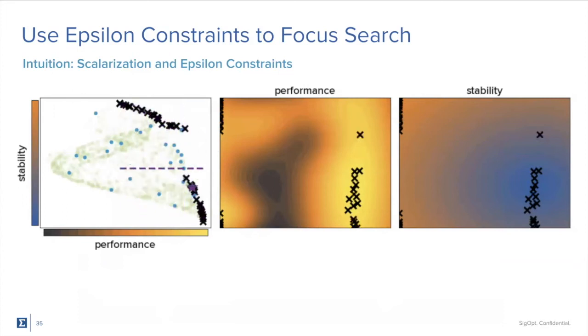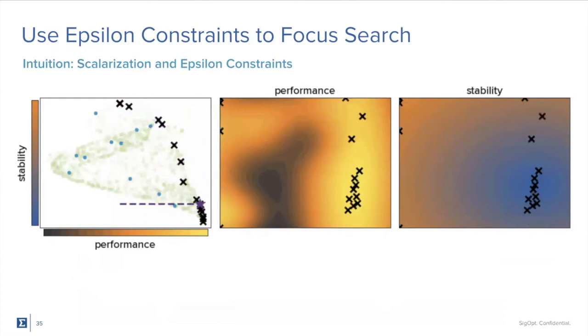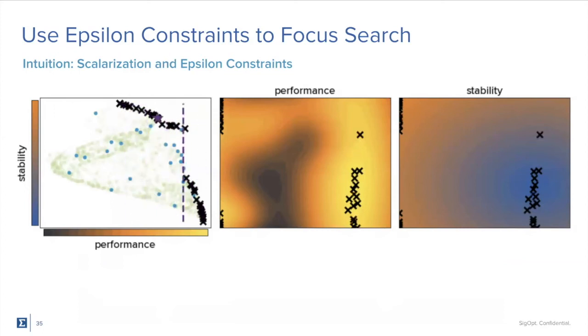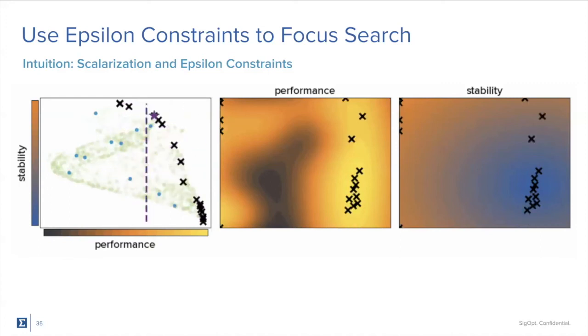Another thing which makes sense to get a bit of intuition on is what's called epsilon constraints. Epsilon constraints is essentially us saying, okay, fix some value on the first of your metrics. Let's say the accuracy. Let's find a place that has an accuracy of 80%. And let's try to minimize the inference time as much as possible.